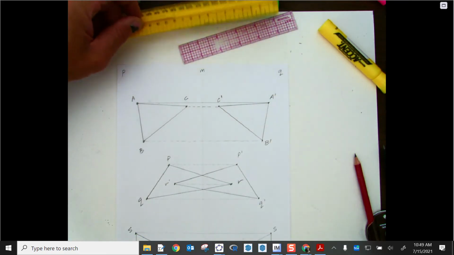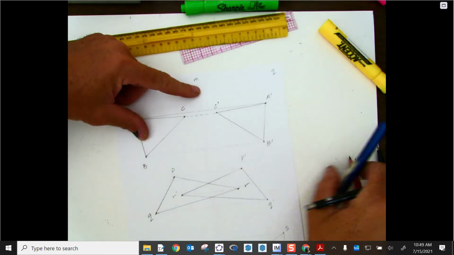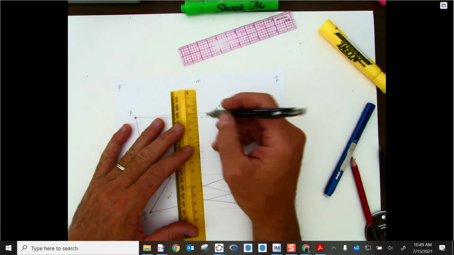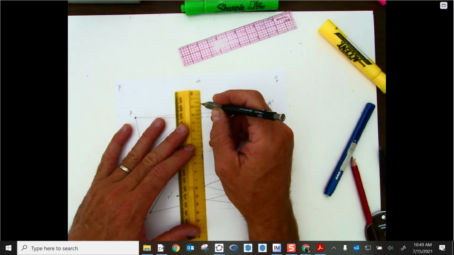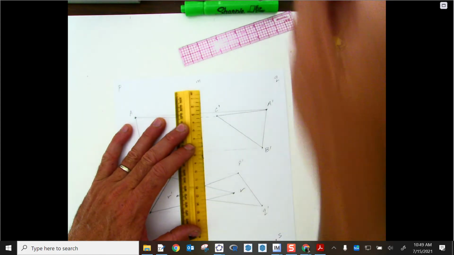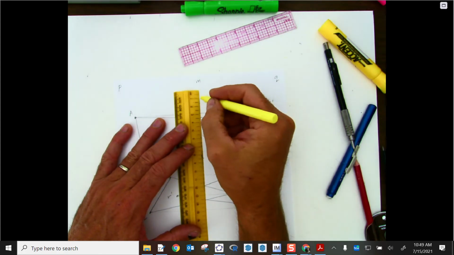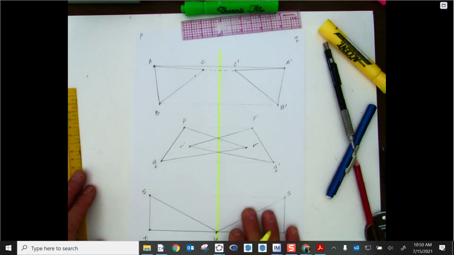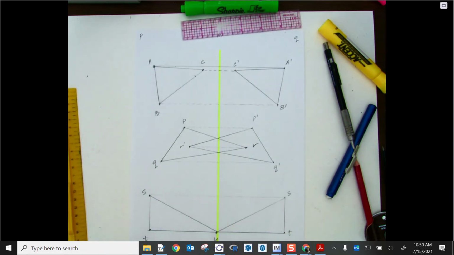So that's sort of what we're getting here, and it might be interesting at this point just to draw in the reflection line to see it a little bit better. Maybe I'll do that with the highlighter. Looks like that's showing up okay. And the big question is, what properties do you notice about these lines that connect up corresponding points?